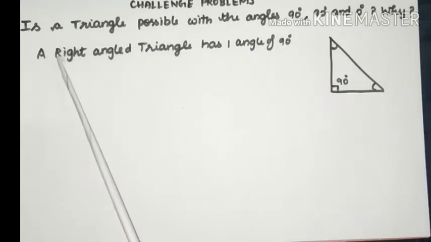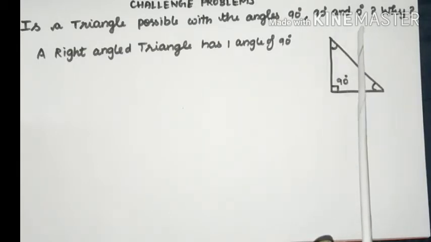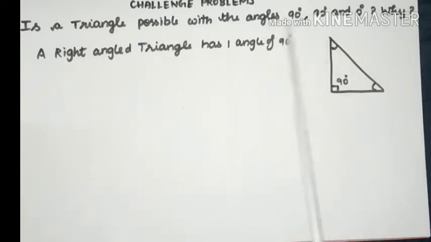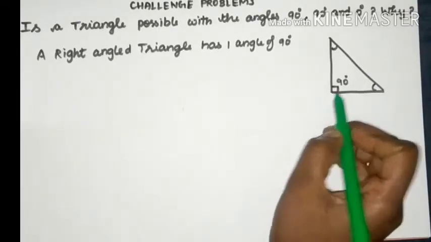But the given question is, is a triangle possible with the angles 90 degree and 0 degree? That is, is a triangle possible with two right angles? No, because a right angle triangle has one angle of 90 degree.